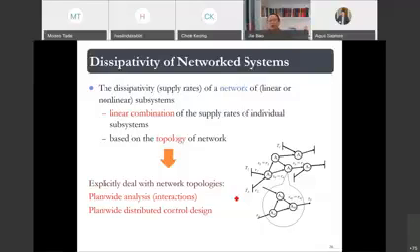If we know the dissipativity of each individual subsystem, and we know how they interconnect with each other, so the topology of the interconnections, then the overall dissipativity condition is simply the linear combinations of the supply rates of individual subsystems. Of course, all the coefficients of the linear combination depend on the topology, on how they were interconnected.